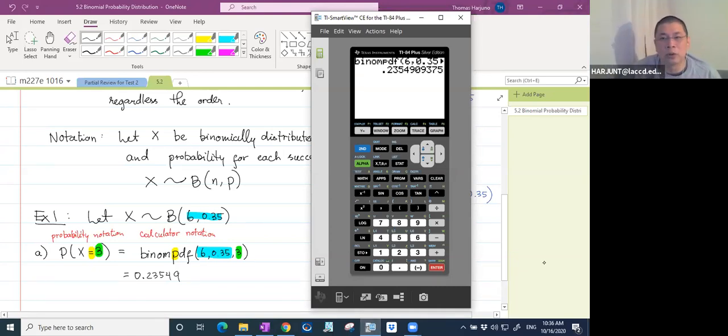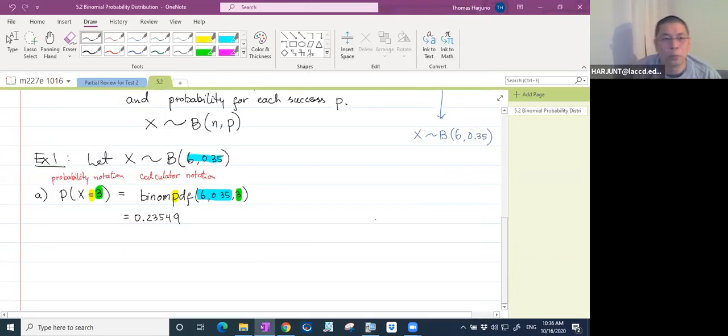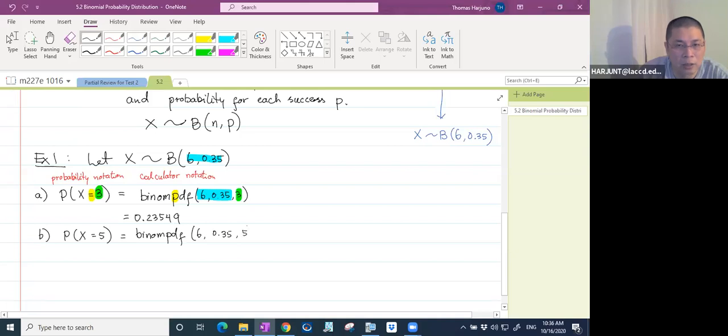Okay, so let's try another example. Suppose I want to find out what is the probability that x equals 5. Then you do the calculator notation first. That will be binom PDF, the n, the p, and then the x.